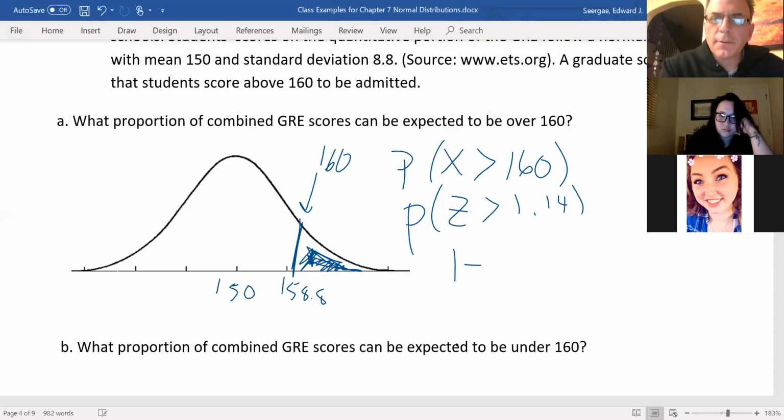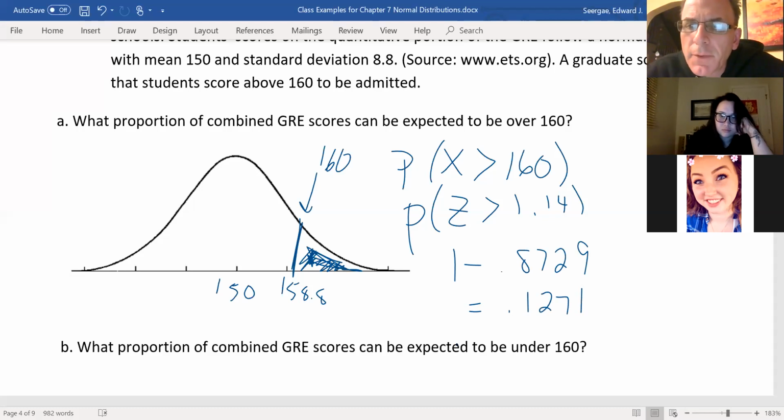So 1 minus 0.8729 is equal to 0.1271. Then, of course, we would also have to interpret that number. So what does that 0.1271 represent? That is the proportion of scores that can be expected to be over 160. Or we can say it's the probability that a randomly selected adult would score over 160 on their GRE test.